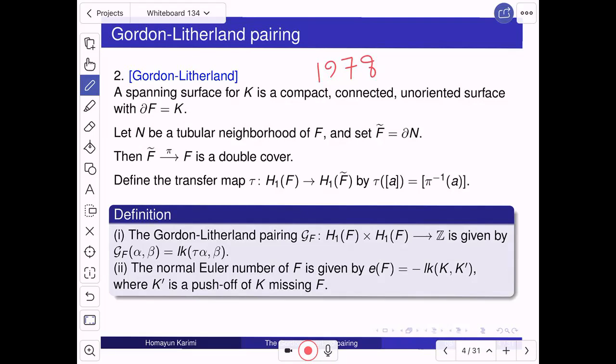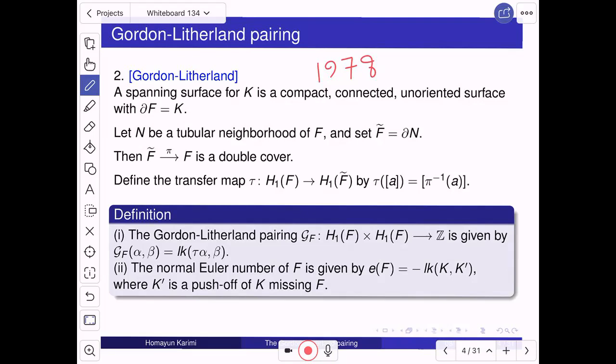So this defines a bilinear form for us. We also define the normal Euler number of F to be minus the linking number of the knot K with a parallel K prime, which is a push-off that misses F.